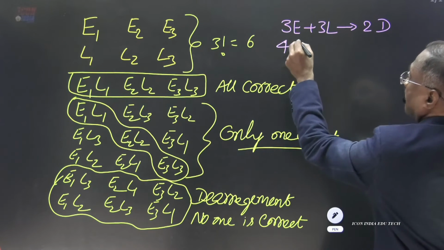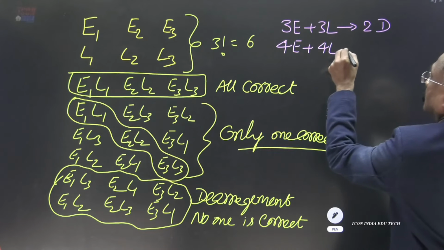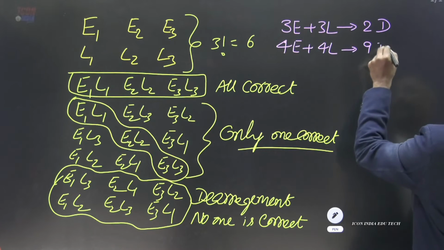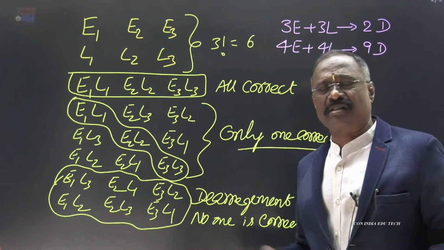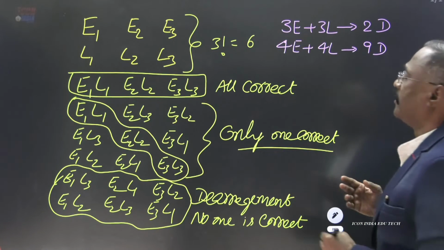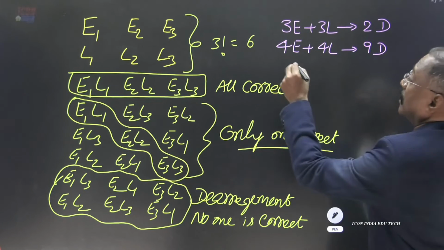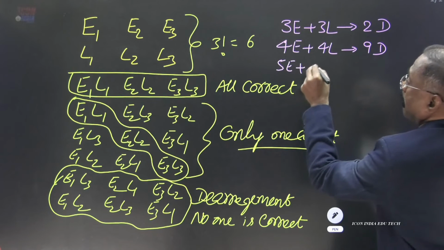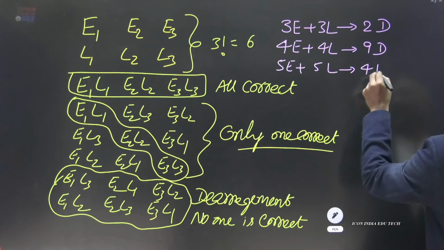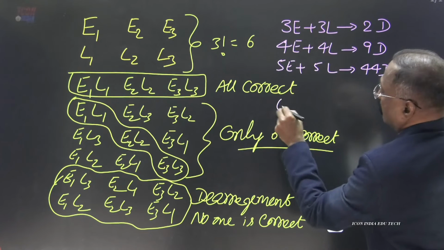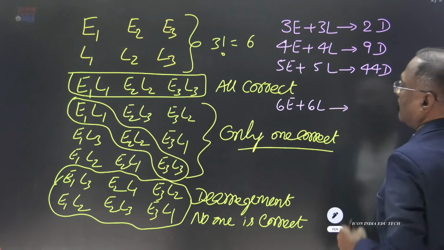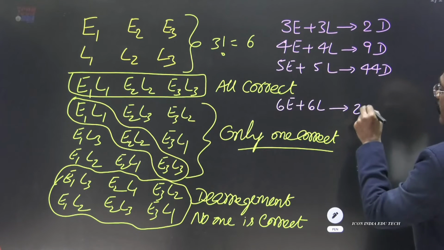For 4 envelopes and 4 letters, there will be 9 de-arrangements. If you write them out you will understand that, but we will have a formula for that; I'll be discussing the formula next, and in that formula also you'll get the same. Similarly, 5 envelopes and 5 letters give 44 de-arrangements. 6 envelopes and 6 letters give 265 de-arrangements.